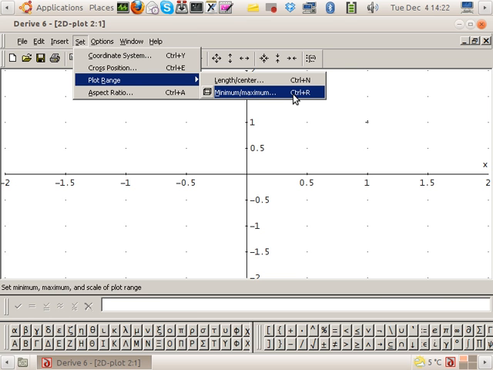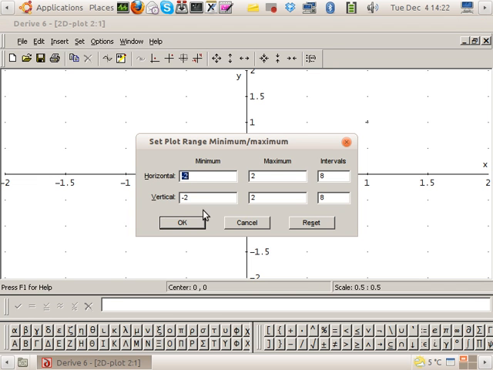So horizontally, what's the smallest x? x is minus 25 to 30. And then for the vertical, minus 30 to 35. Now the interval is how many times you mark on the x-axis.